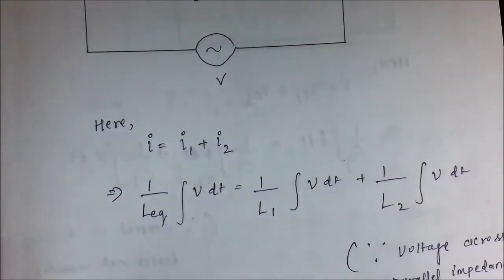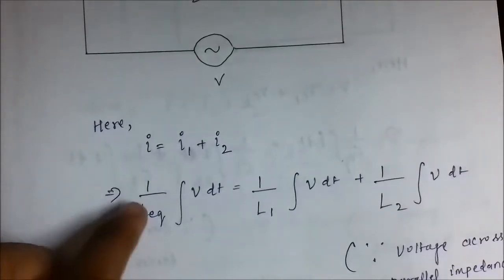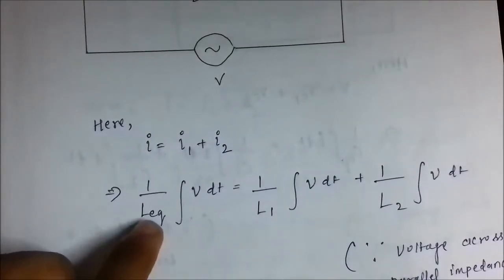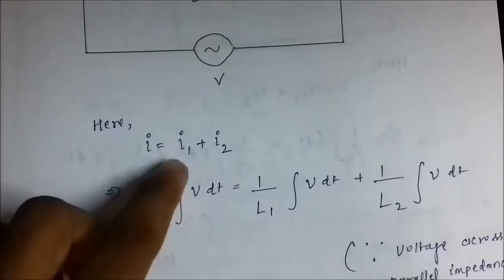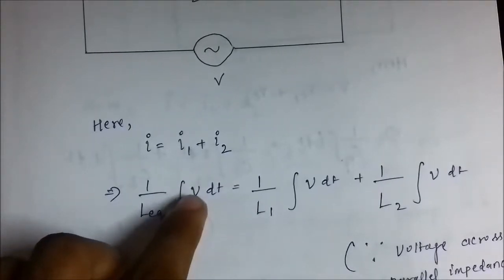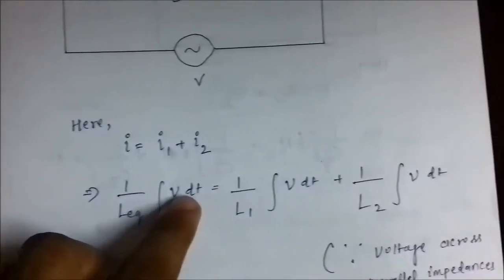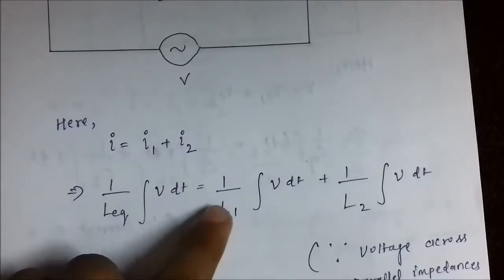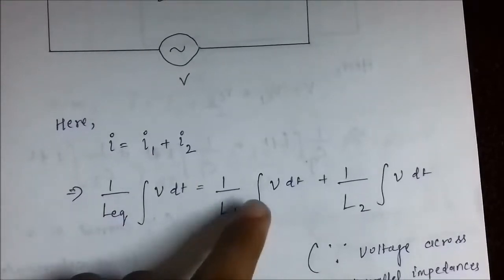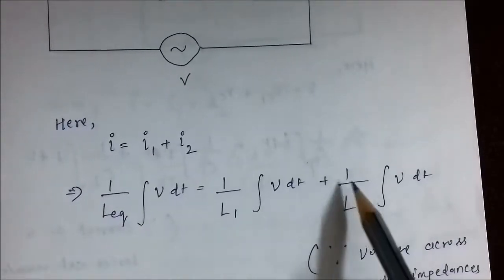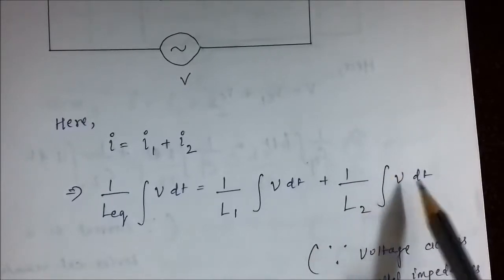So we can write the total current I as 1 by L equivalent integration of the applied AC voltage over a particular interval of time dt. We can write I as 1 by L1 integration of V dt plus 1 by L2 integration of V dt.